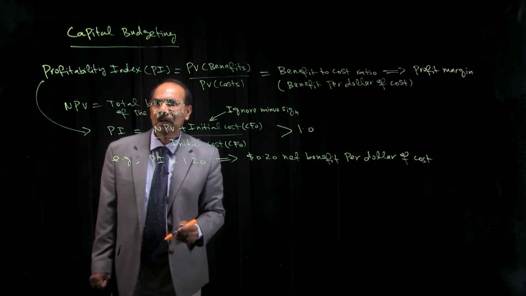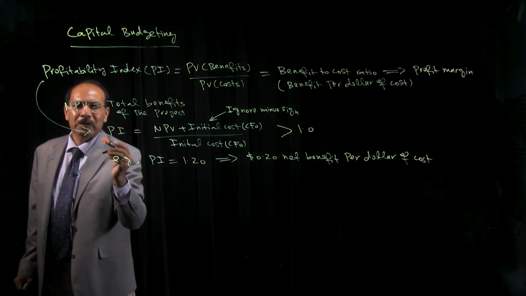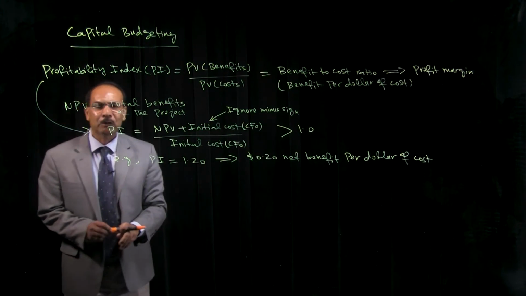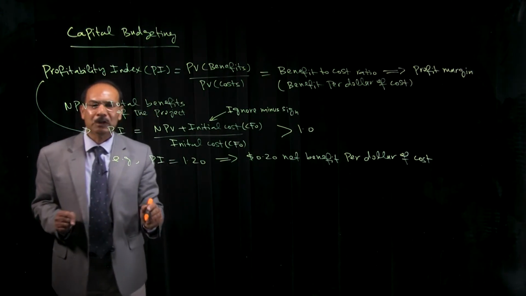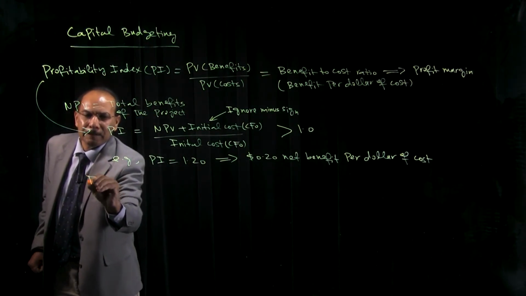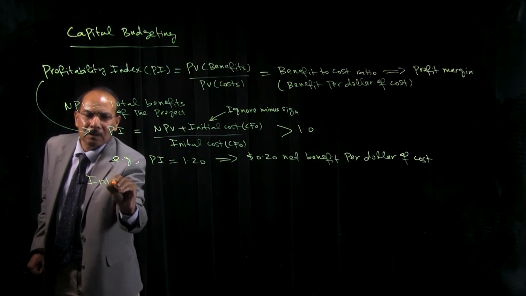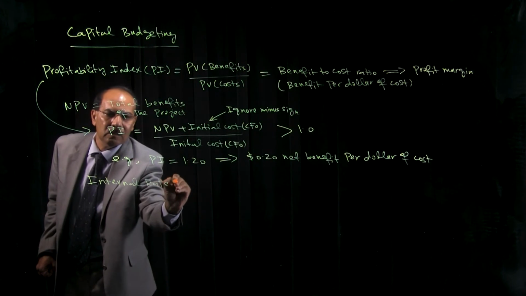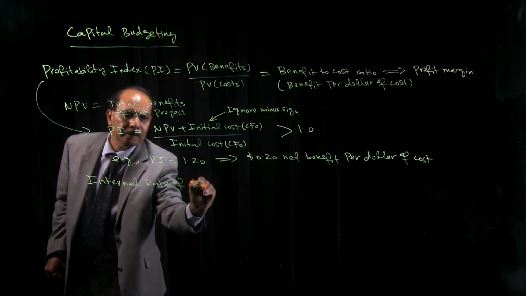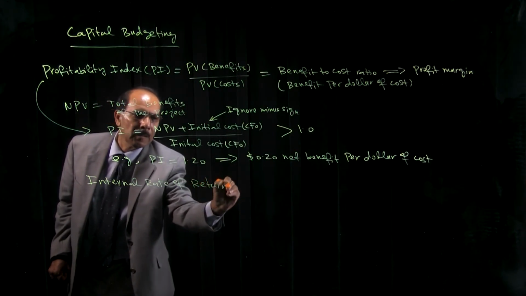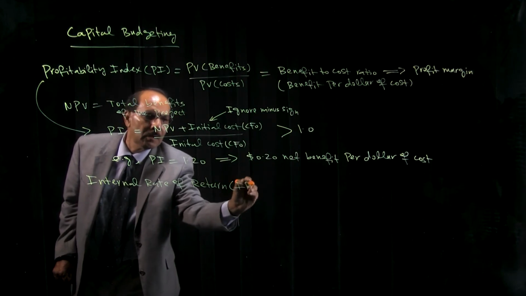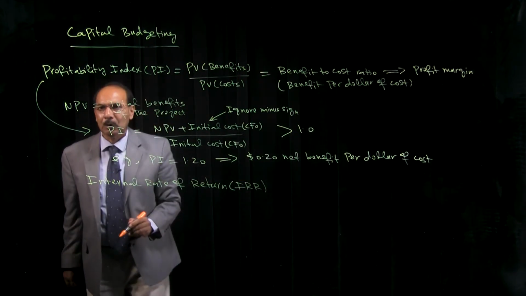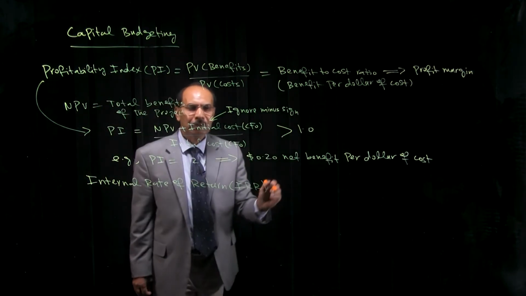And let me move on to another technique that we also heavily use beside the net present value and PI. And that is what we call the internal rate of return.